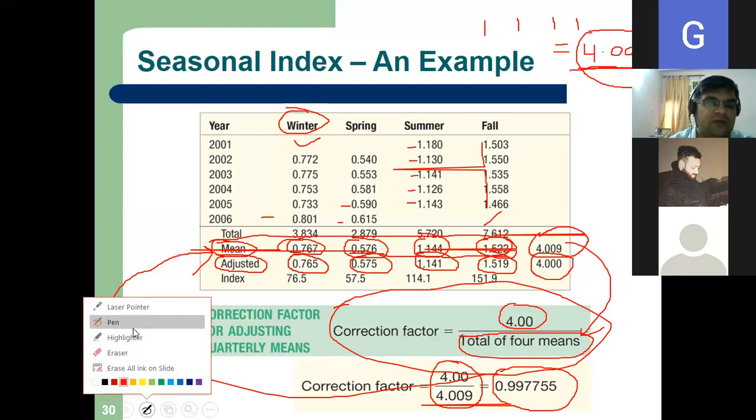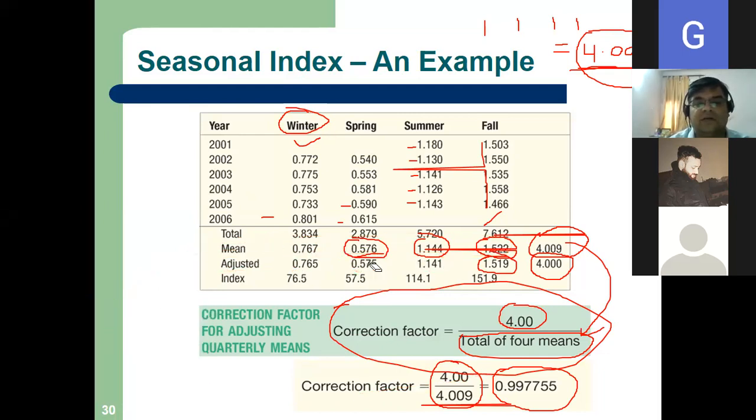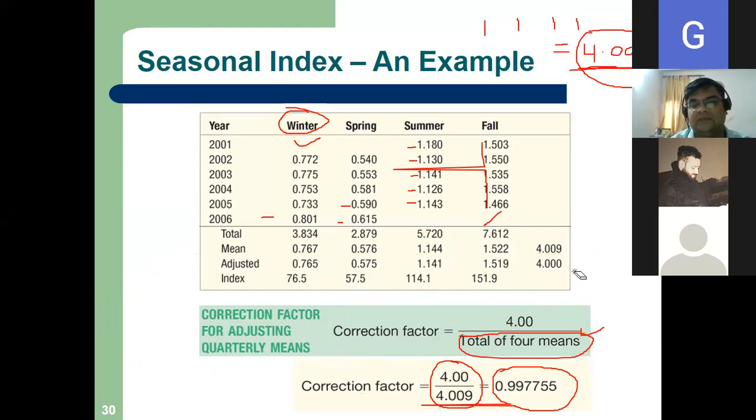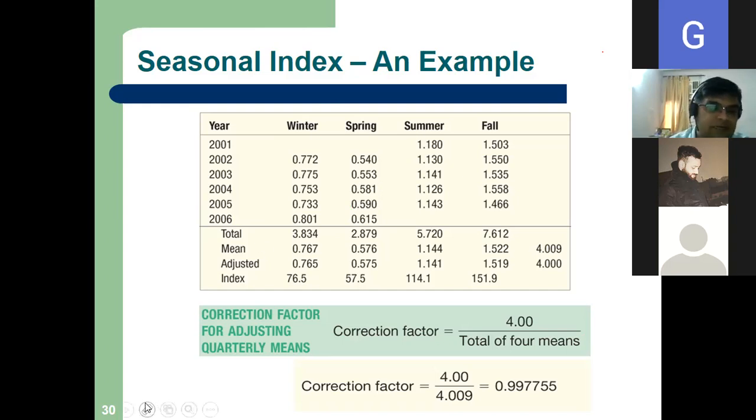So have we got our seasonal index? Yes. This is called the ratio to moving average method.